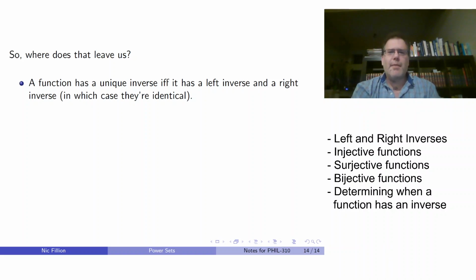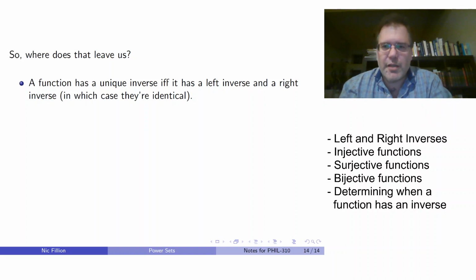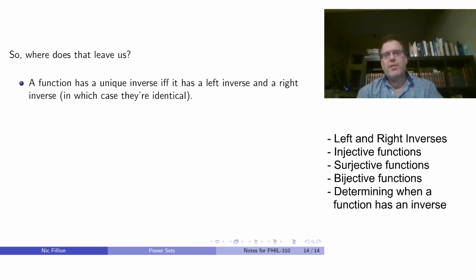And we saw that a function has a unique inverse if and only if it has both a left inverse and a right inverse, in which case they are identical and they are that unique inverse that we were talking about. So we took our big problem of determining when a function has an inverse and we broke it down into two problems, left inverse, right inverse.